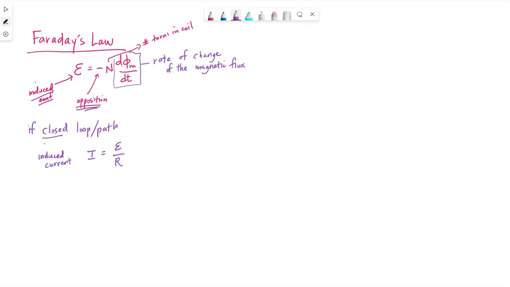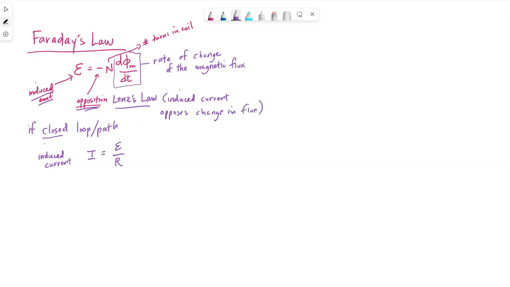Now, this opposition, technically this part is called Lenz's law. The induced current will always be in a direction to oppose the change in flux. So the induced current opposes the change in flux.